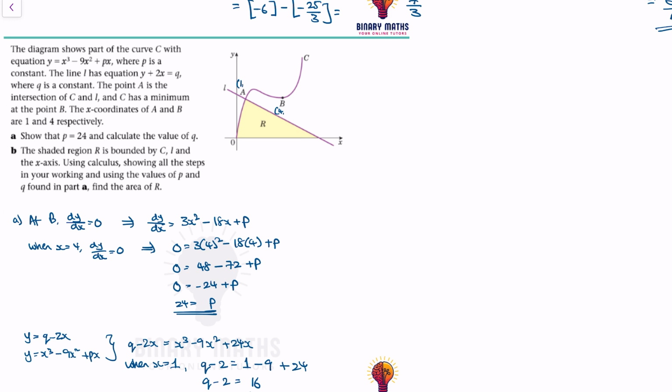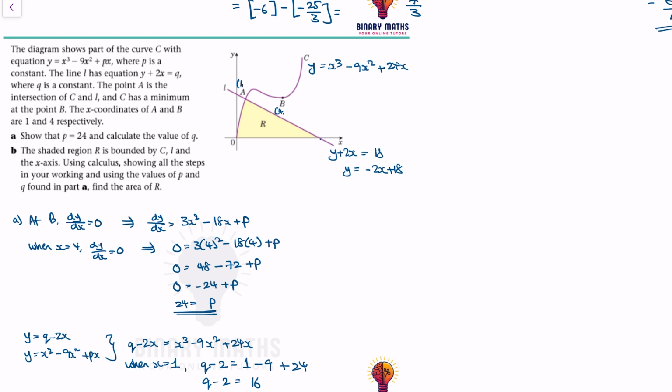Okay, so let's label this. This is y is equal to x cubed minus 9x squared plus 24x. The line is y plus 2x is equal to q, which is 18, which means y is equal to minus 2x plus 18.